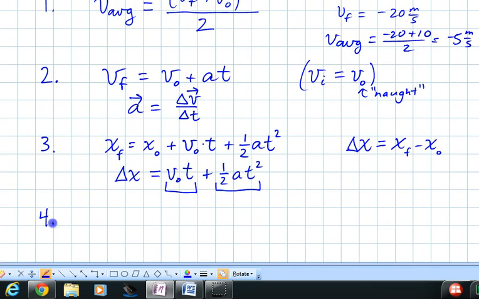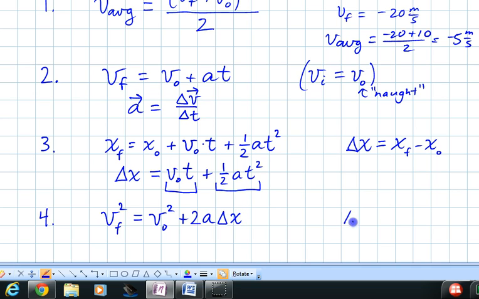Then, the fourth equation is what I sometimes call the forgotten equation. And the reason I say it like that is just because people don't use it that often. They forget. And it's V final squared equals V initial squared plus 2 times acceleration times change in position, delta x.